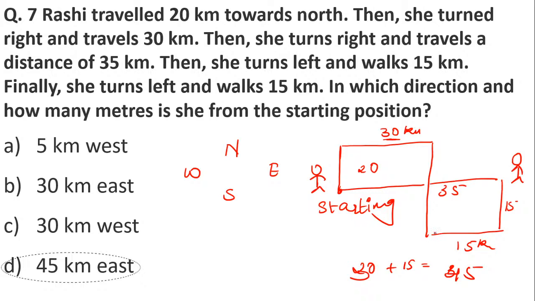And then she turns left and travels 15 and again 15. So you see, first she was here, now she is here. So this much distance, this much is 30 and this much is 15. So 30 plus 15 is 45. That is why the answer was D over here.